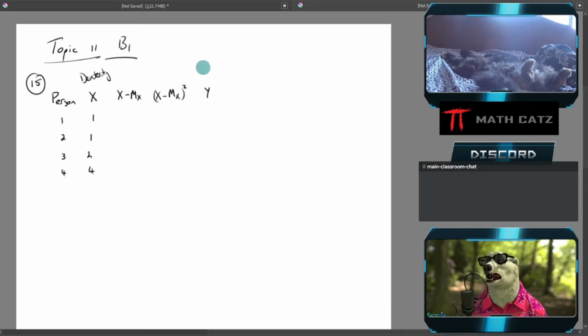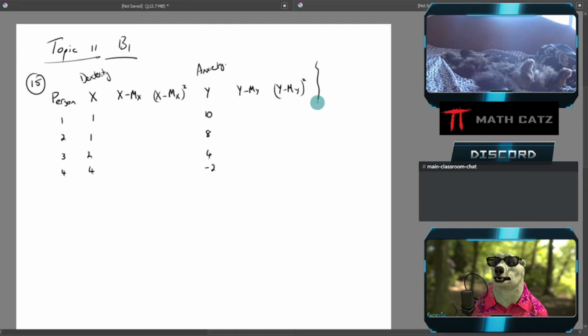Then we will have our Y variable, which will correspond to the anxiety scores. Copy those down as 10, 8, 4, and -2. We'll have some deviations from the mean, and squared deviations, sure.